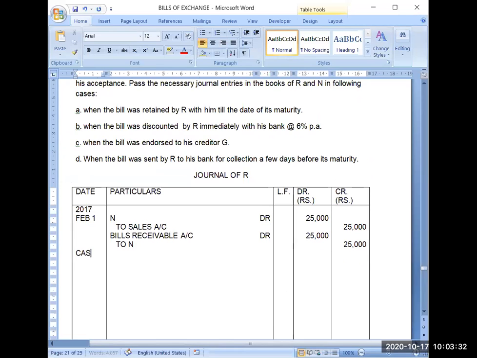So now we are doing entries for case 1. So here I can write case A. Now case A is saying that R retained the bill till the date of maturity. So on the maturity date, obviously R is having the bill of exchange and R is liable to present the bill of exchange before N. So when R presented the bill, what happened?